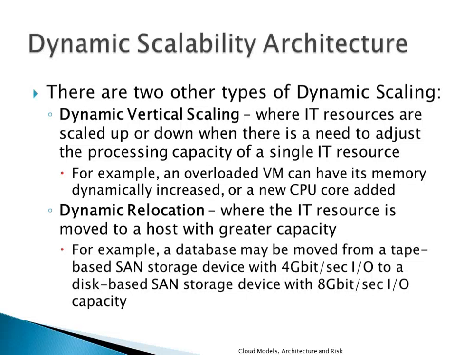So we might move that to a disk-based SAN storage, which has got 8 gigabits a second I/O capacity. So now suddenly you've scaled out, you've scaled up, but you've done a dynamic relocation. You've moved it from one host device, a tape-based SAN, to a disk-based SAN, a second host device. Okay, and so that is dynamic relocation.